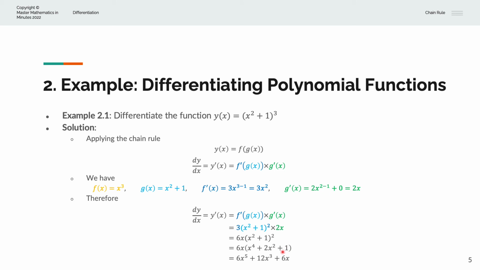And expanding the brackets, we have 6 times x to the power 5, and 12 times x to the power 3, and 6x. So, given a composite function y of x, we're able to find the derivative dy dx by applying the chain rule, and that gives us the derivative.